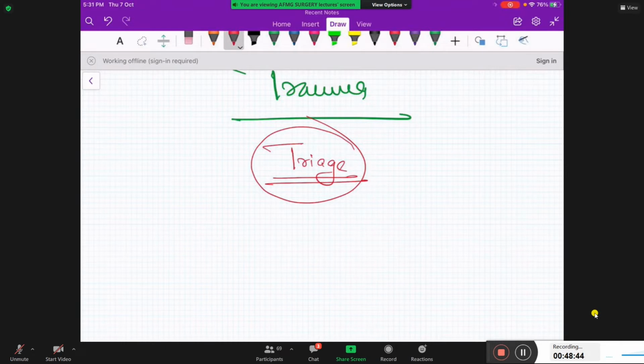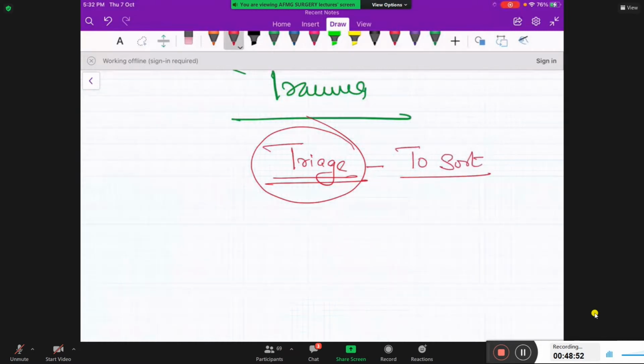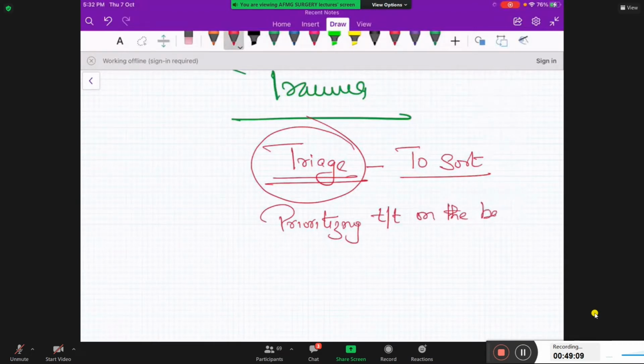Triage, the literal meaning of triage is to sort. Now what is triage? Let's understand. Prioritizing treatment on the basis of severity of injury.